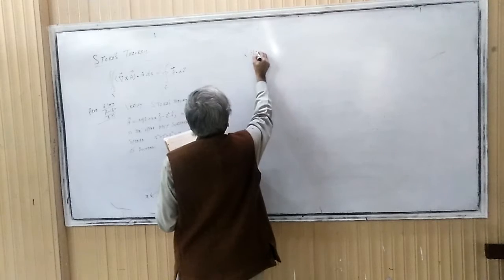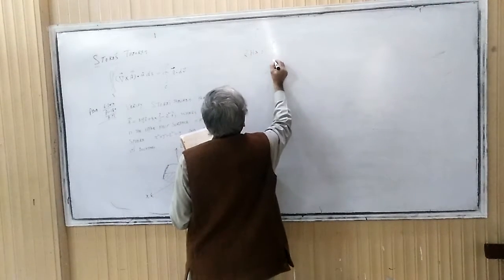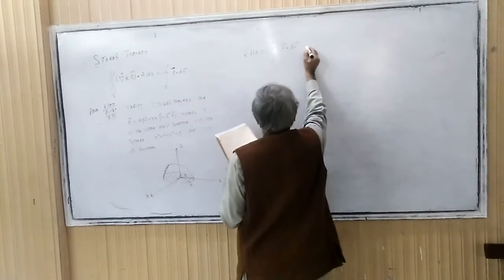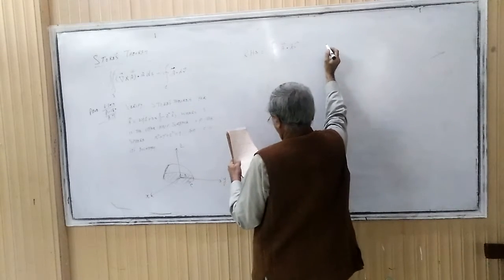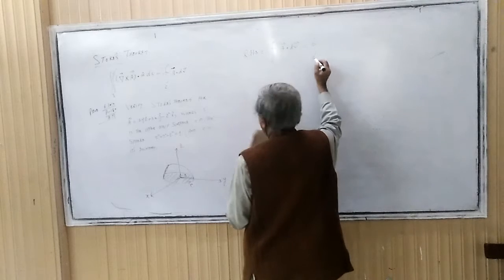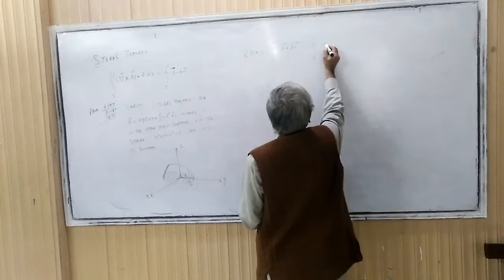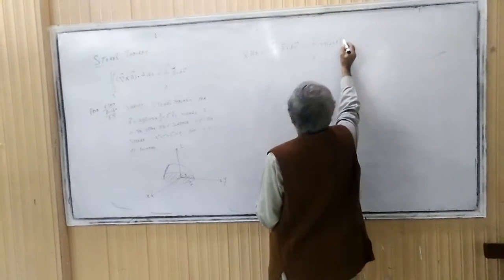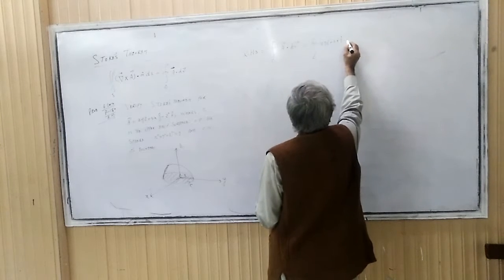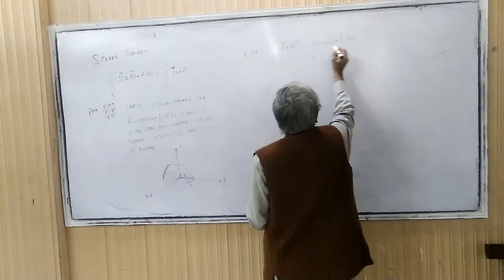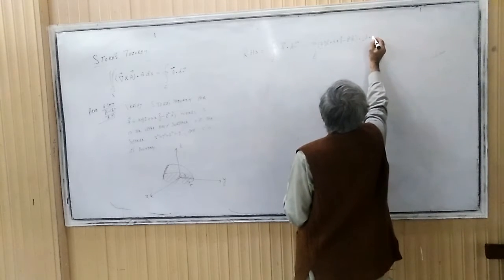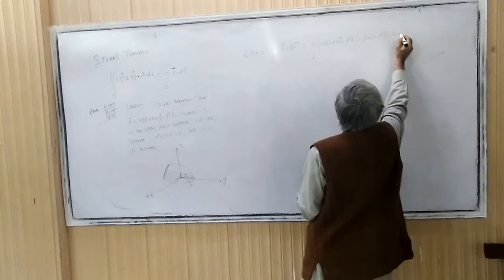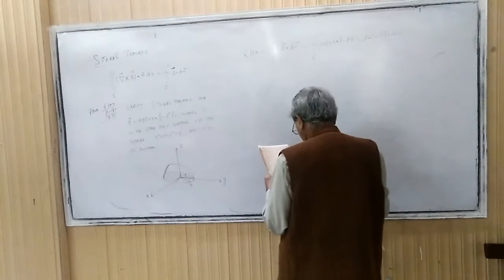Right hand side is equal to the closed integral over C of A dot dr, and that will be equal to the closed integral over C of (2y i plus 3x j minus z square k) dot (dx i plus dy j plus dz k). This we have done before.